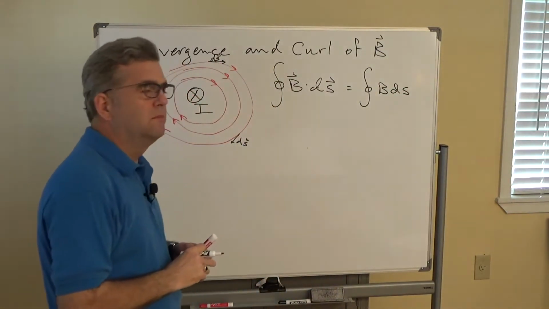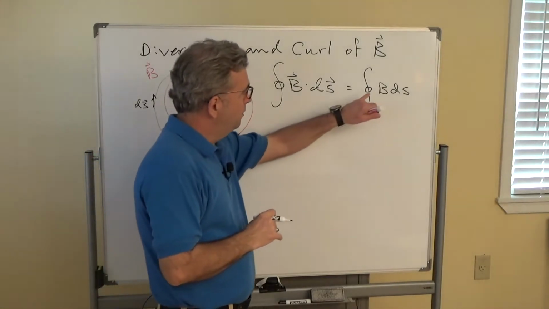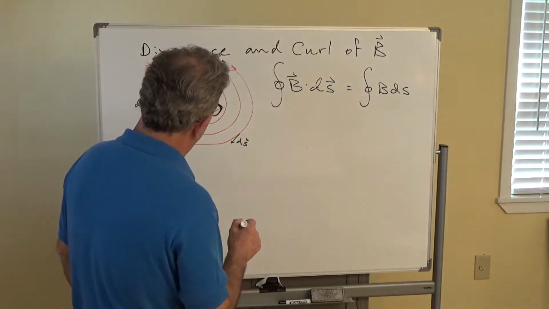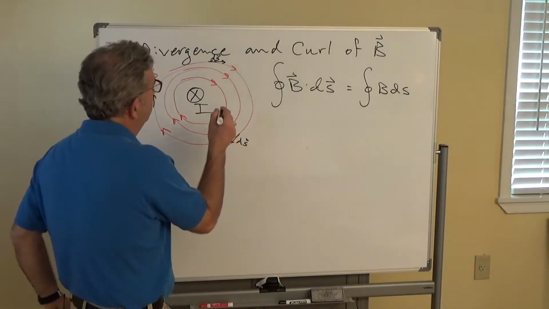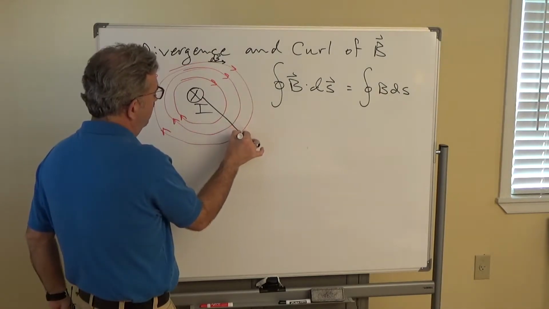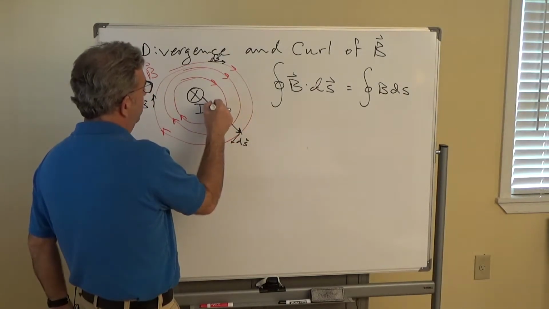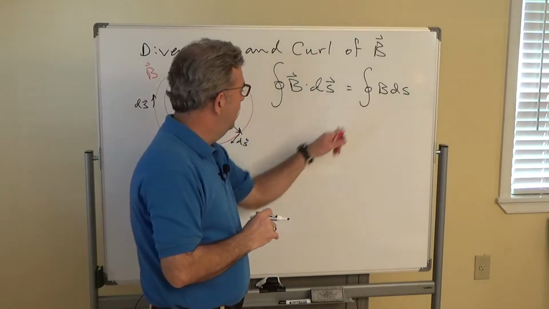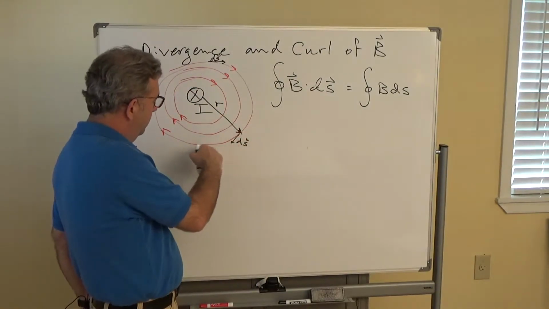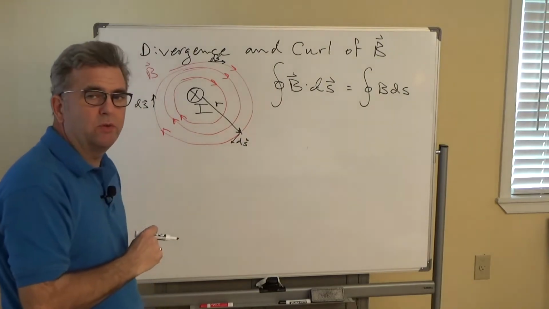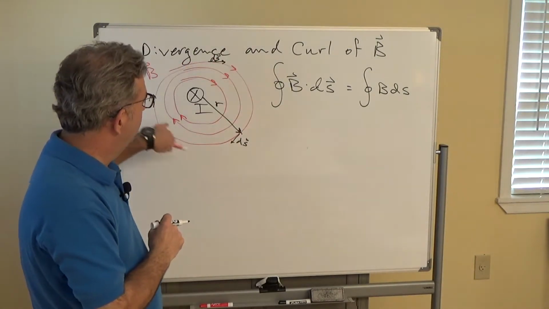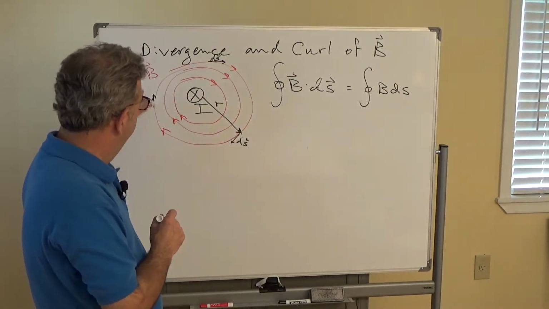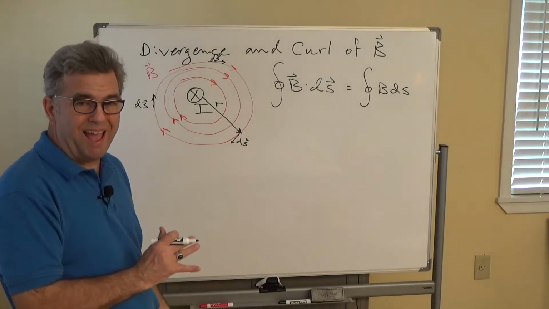Okay? So if you take the integral around the loop of B ds, well, at a constant radius, let's look at this radius where I am. Call this radius r. At a constant radius, I hope that we would all agree that by symmetry the magnetic field is not changing around that loop, as far as the magnitude.